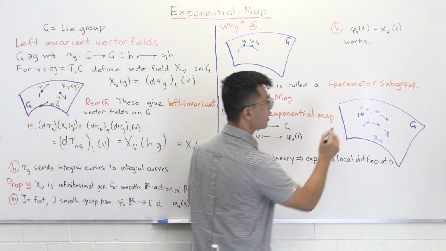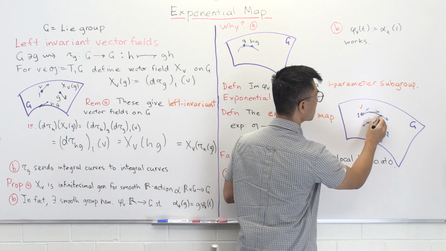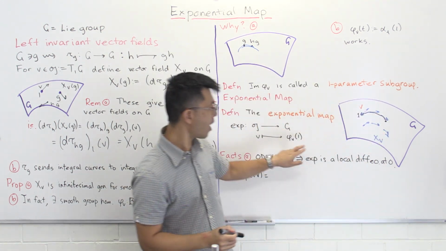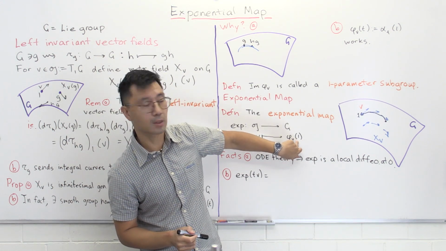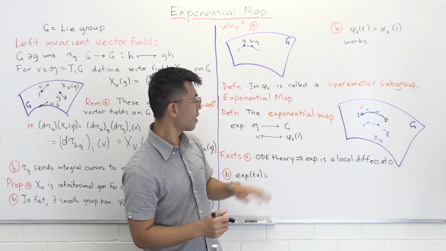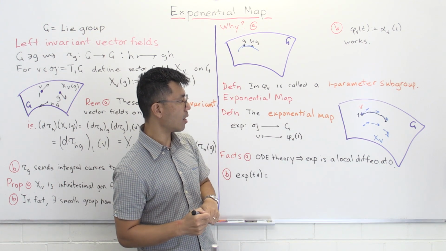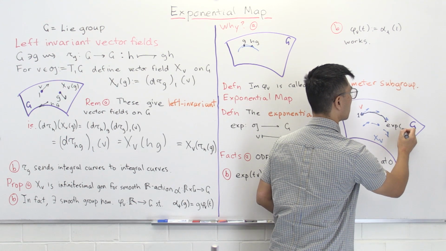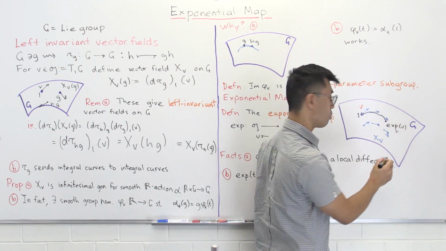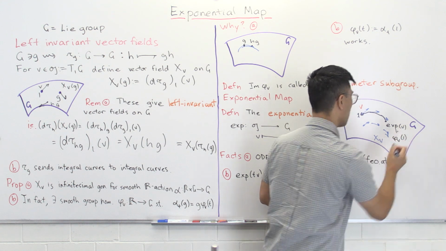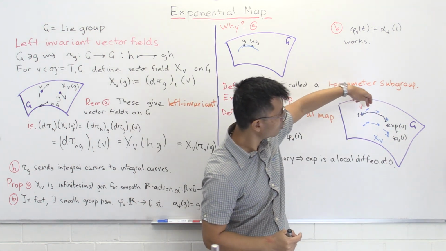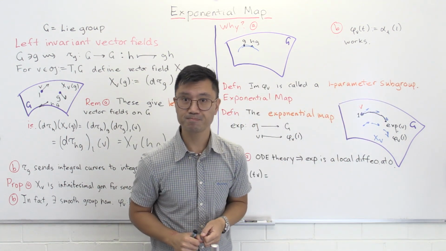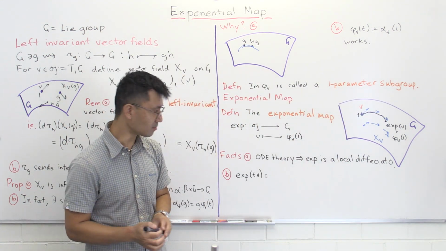So we go along and build an integral curve like this. And what we do is we travel along for time until you have hit time 1. And at time 1, that's going to be the value of the exponential map. Okay, so this is xv. And that's equal to, you travel along that integral curve for this left-invariant vector field for 1 unit of time. Okay, and that's what you get.